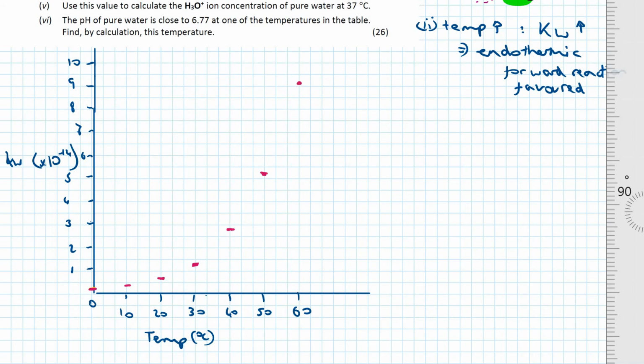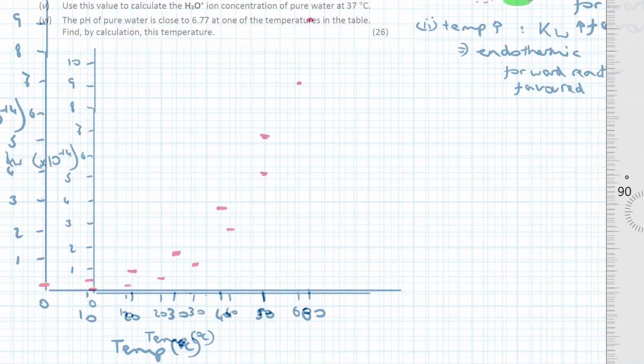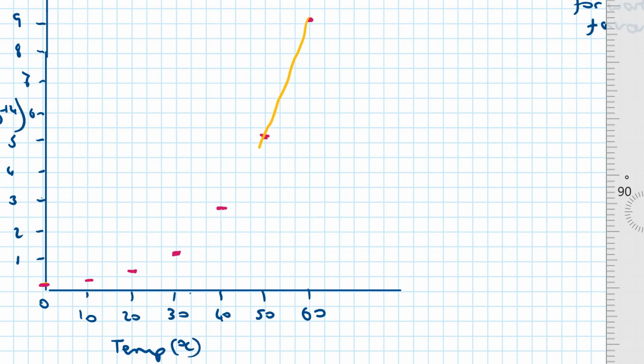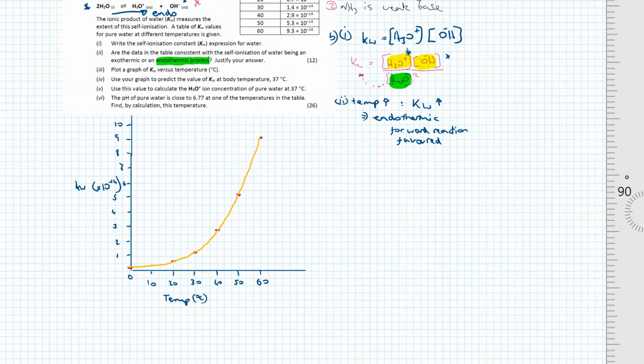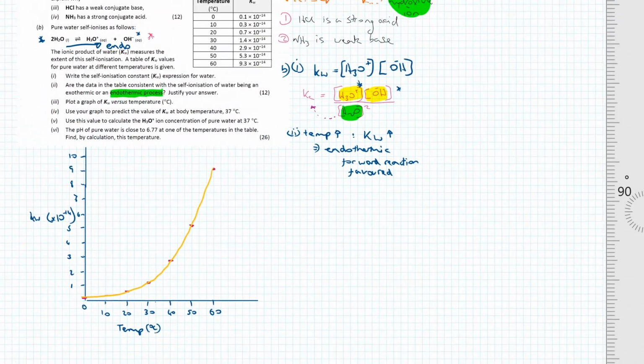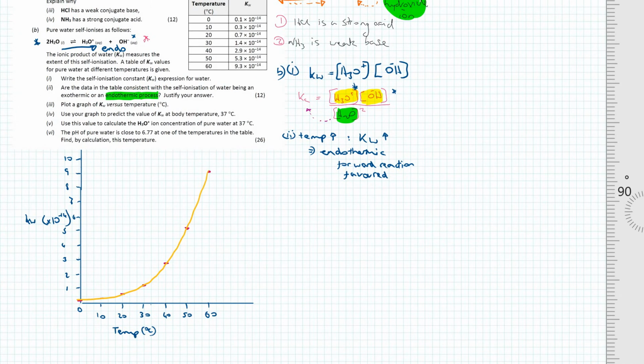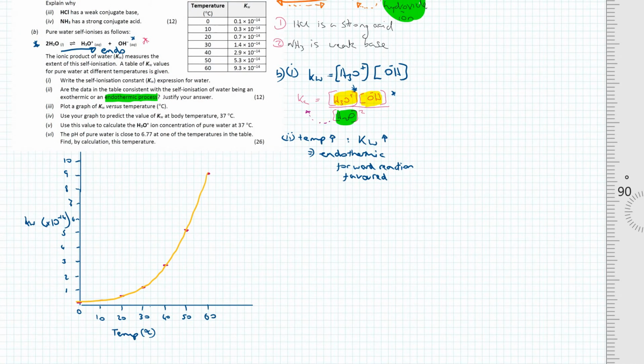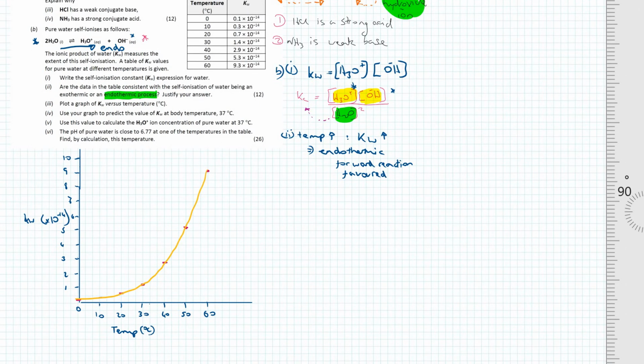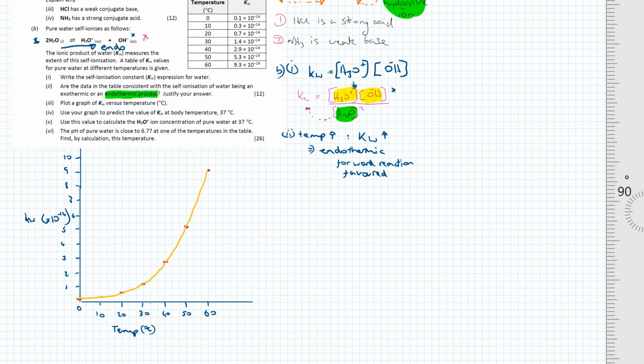So there are our points. We're just going to draw a smooth curve through our points now, like that. So remember, for our graph, the most important thing, you want to have your labels correct, you want to have your points plotted and spaced out sufficiently. You want to have units and you want to be accurate.